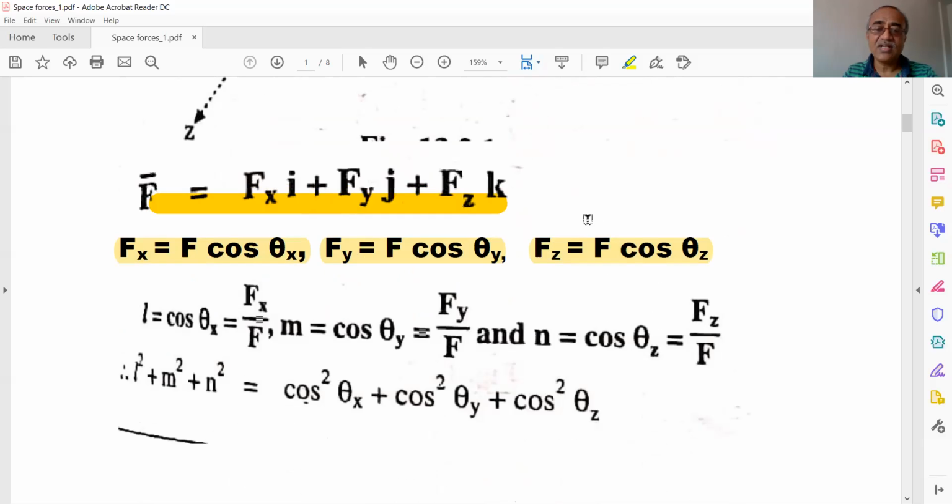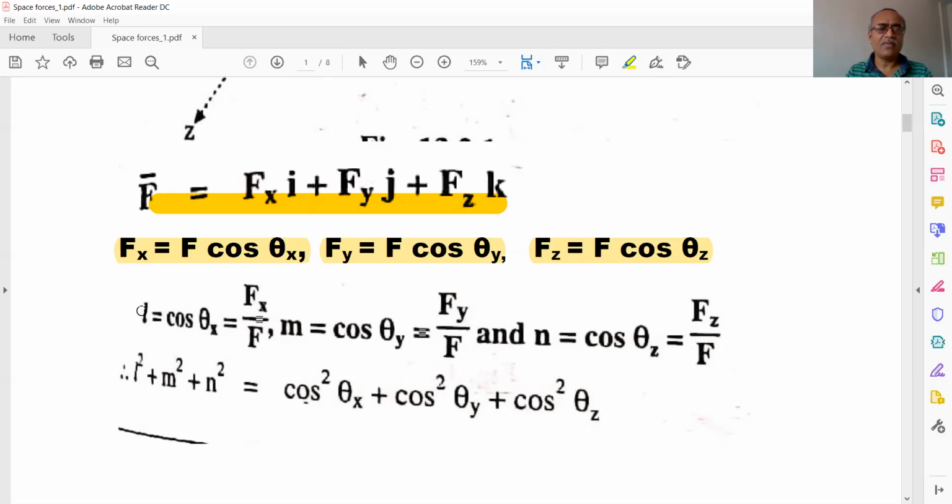What we have already studied in 12th standard is the angle made by any line with the x-axis, y-axis and z-axis. It makes certain sense to us. And what is that sense? The cos of those three angles made by the line with the respective coordinate axes represent the direction cosines of the line.